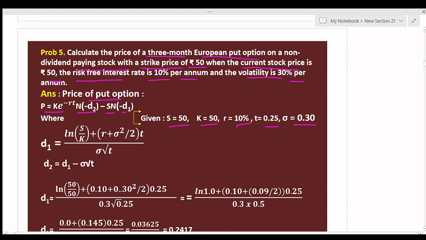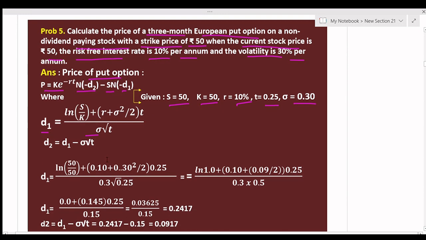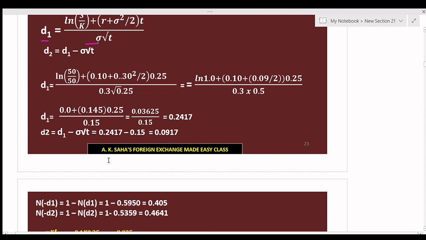Put the value. First you calculate d1, putting the value in the equation, that is ln 50 by 50, that is 1, ln 1 is equal to 0, plus 0.1 plus 0.30 square by 2 into t, 0.25, divided by sigma into root over t, that is 0.3 into root 0.25. ln 1 is 0, and r plus 0.30 square, that is 0.09, by 2 into t 0.25, divided by sigma into root 0.25, is equal to 0.5.